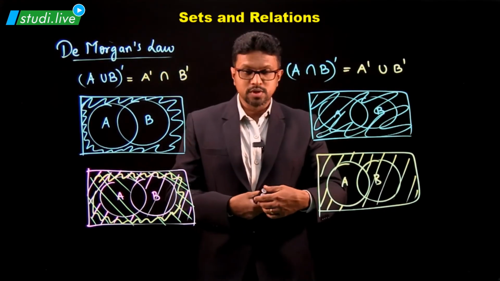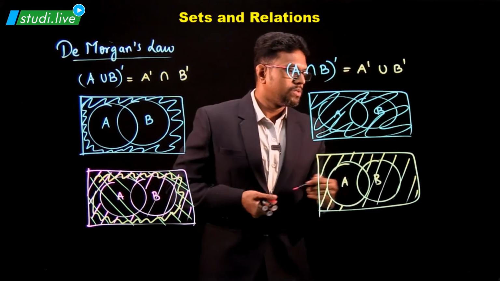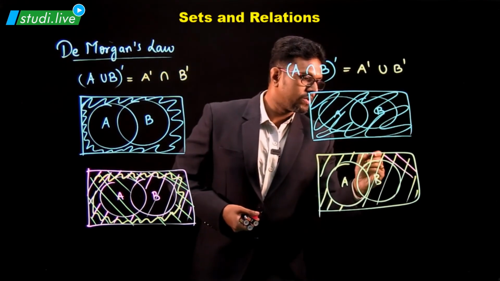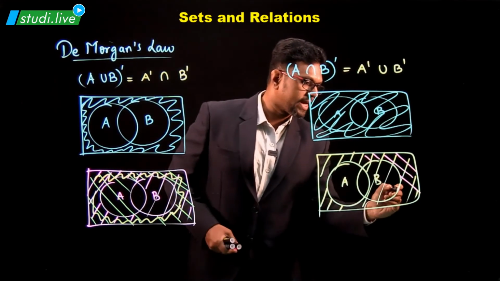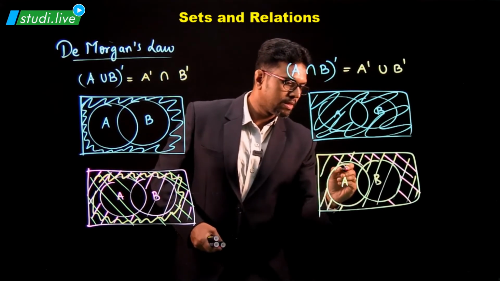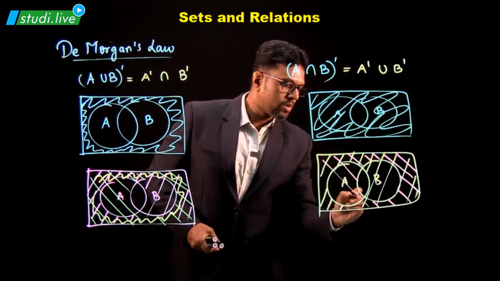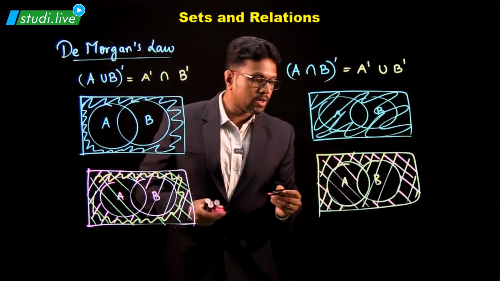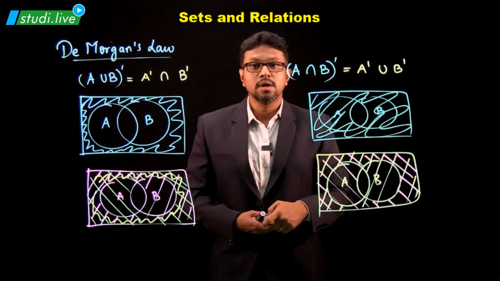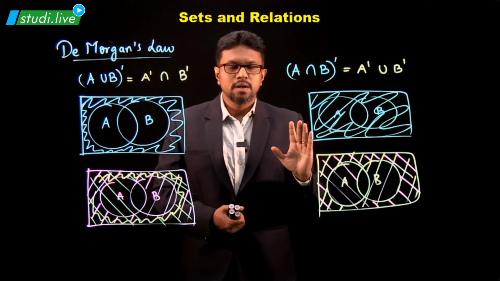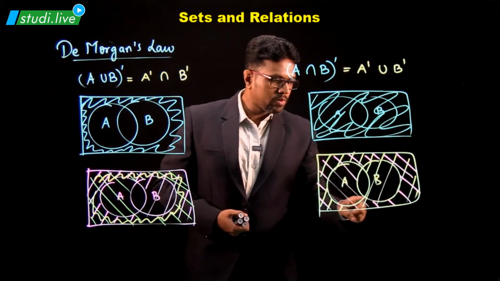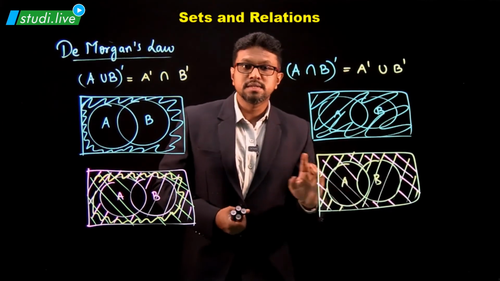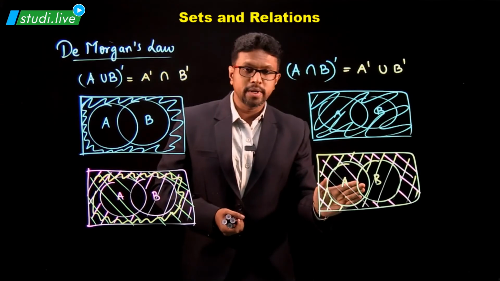Now let us shade B complement. So B complement, you can see once again it is the same thing we have seen in this diagram also. But this time we are not going to find the intersection, we are going to take the union. That means all the elements will be taken. Okay, so all the elements have to be taken, but this region is never shaded. So this will not be included.